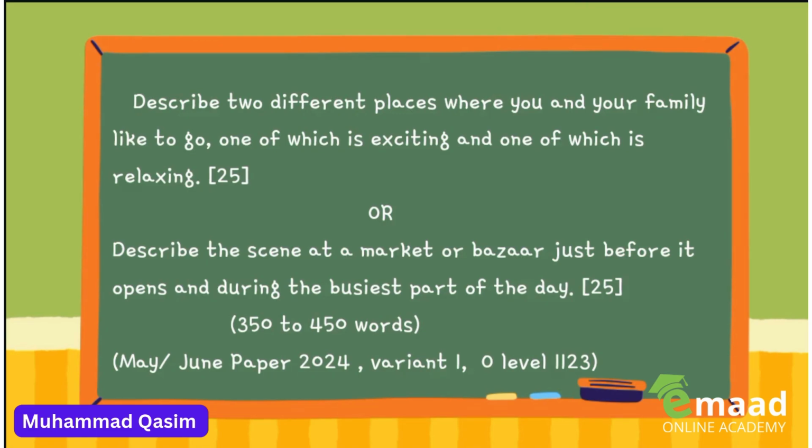The other question for descriptive writing in this paper was: describe the scene at a market or bazaar just before it opens and during the busiest part of the day. Before it opens, the place seems deserted, with no rush of people shopping.